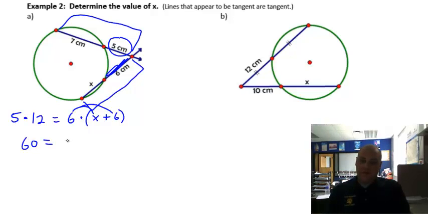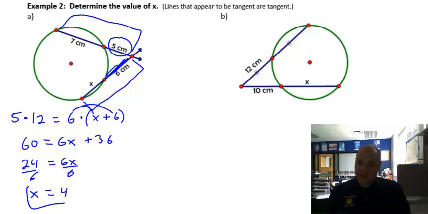And then you got to distribute your 6. 6x plus 36. Now I'm going to subtract 36 to the other side. Just a basic equation now. Divide by 6. x equals 4. So the x is 4. This is 4. That means the whole piece is 10.